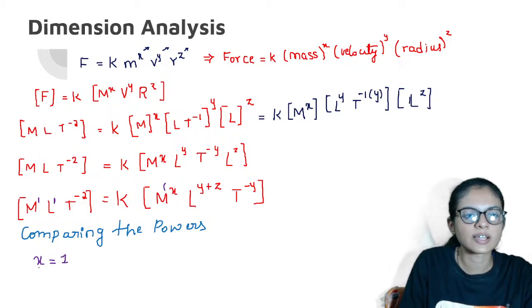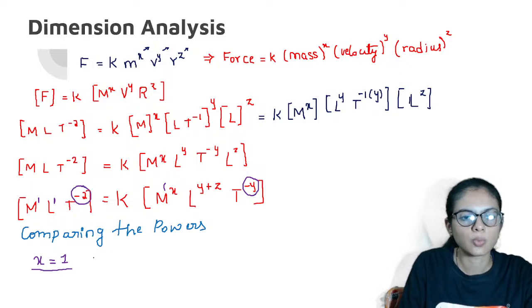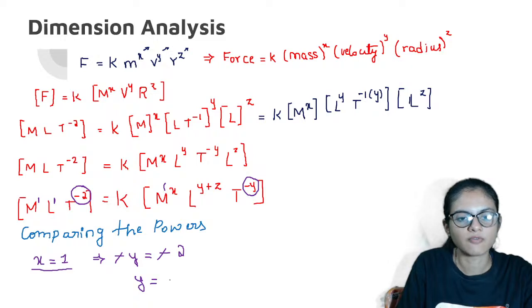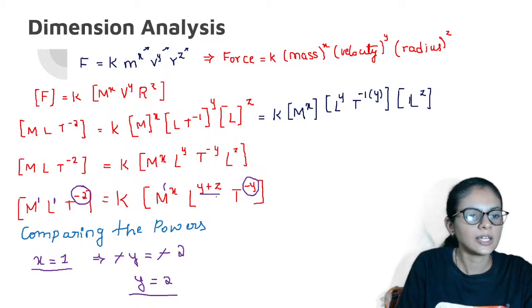So the value of x is 1. And here with the T, I'm comparing, right? T power is minus y, and here it is minus 2. So I can write minus y is equal to minus 2. If I cancel minus, what is y? Y is 2.